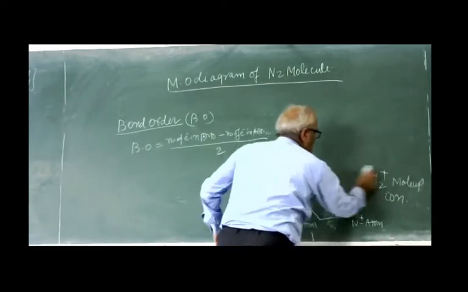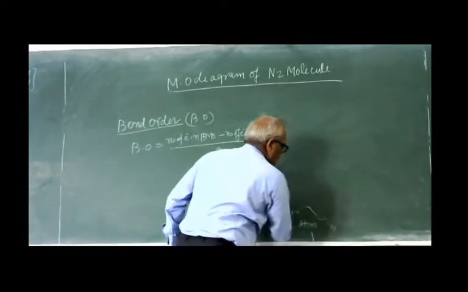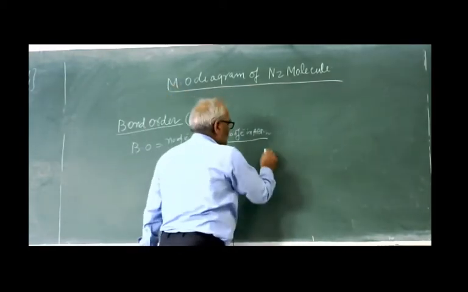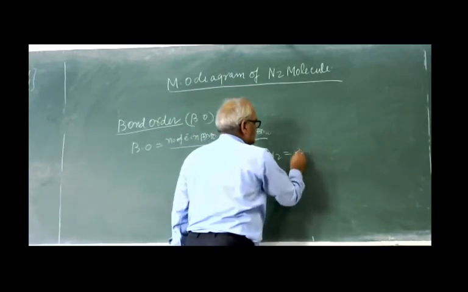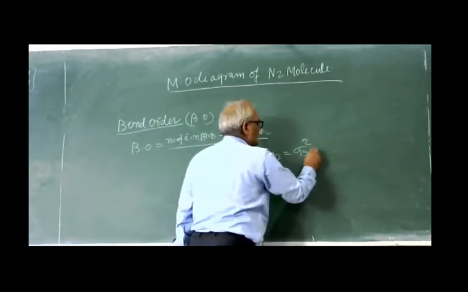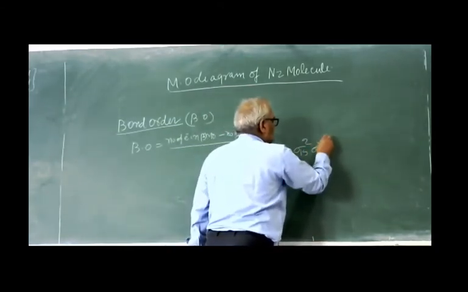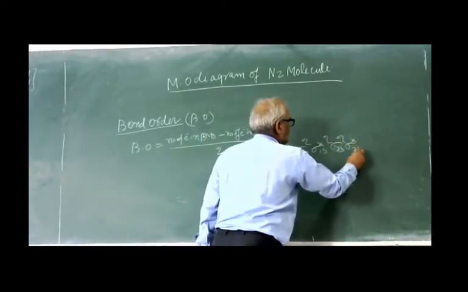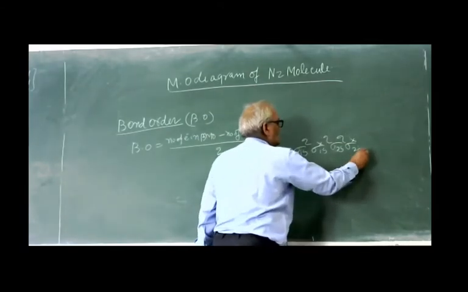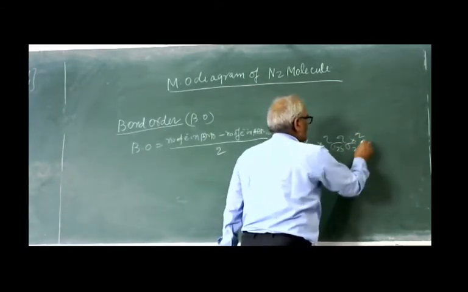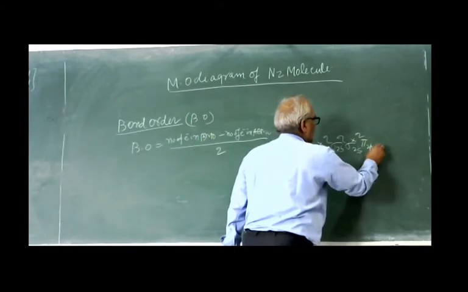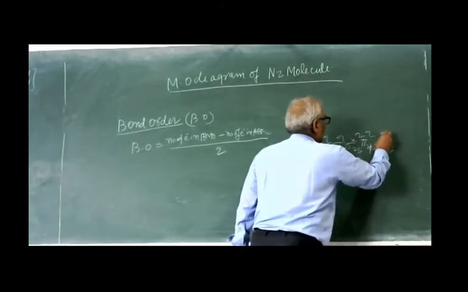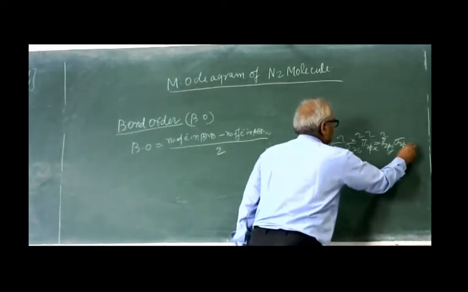First of all, you have to show the electronic configuration. The N2 molecule is sigma 1s2, sigma star 1s2, sigma 2s2, sigma star 2s2, pi 2px equal to pi 2py, and sigma 2pz.